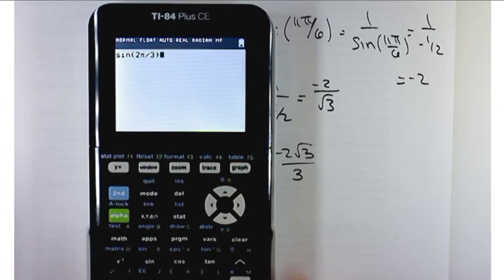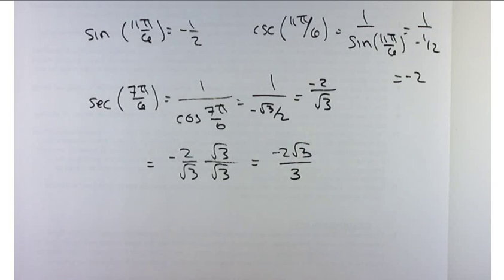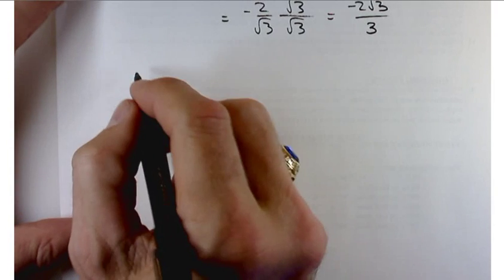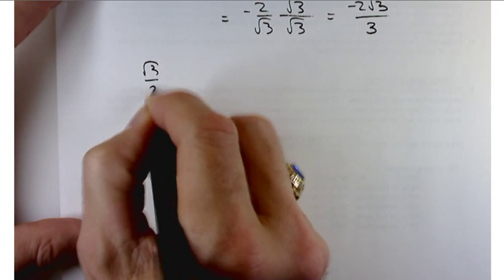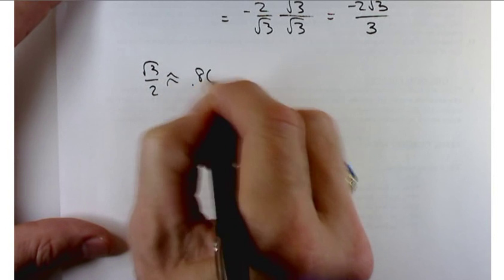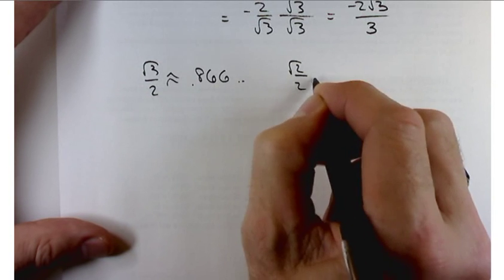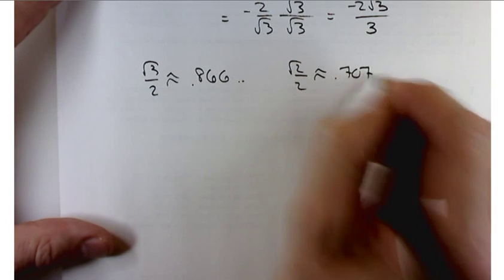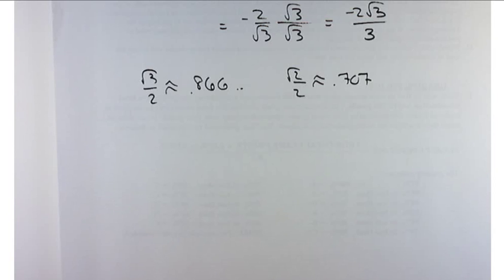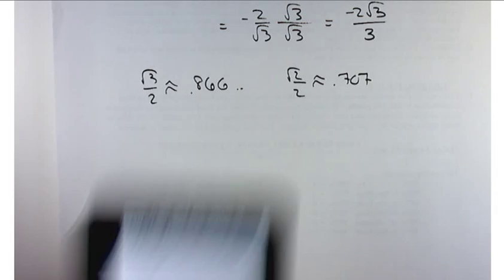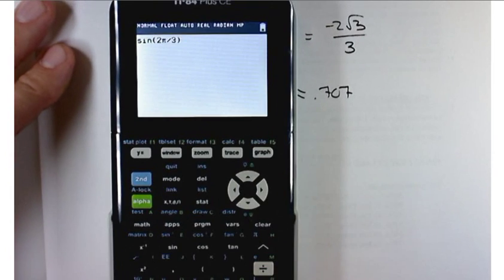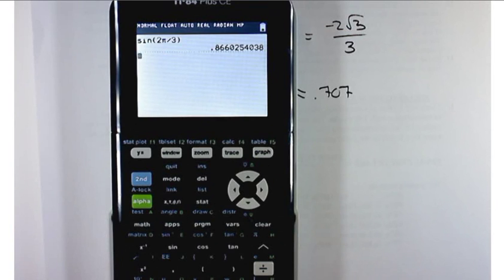Now, it's going to give you a decimal value. But if you keep in mind two decimal values, that is, square root of 3 over 2 is approximately 0.866, and square root of 2 over 2 is approximately 0.707, then you can really do yourself a favor. So when I do this, I get 0.866.